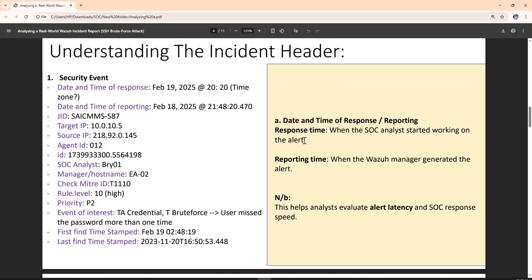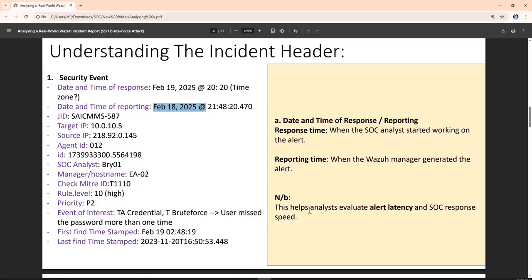So when the SOC analyst started working on the alert, that is called the response time. Then the reporting time is when the Wazuh manager generated that alert. That is why we have the response time, which is when you started working on it. Then when it was reported, it was on the 18th. That is almost one day apart from each other.